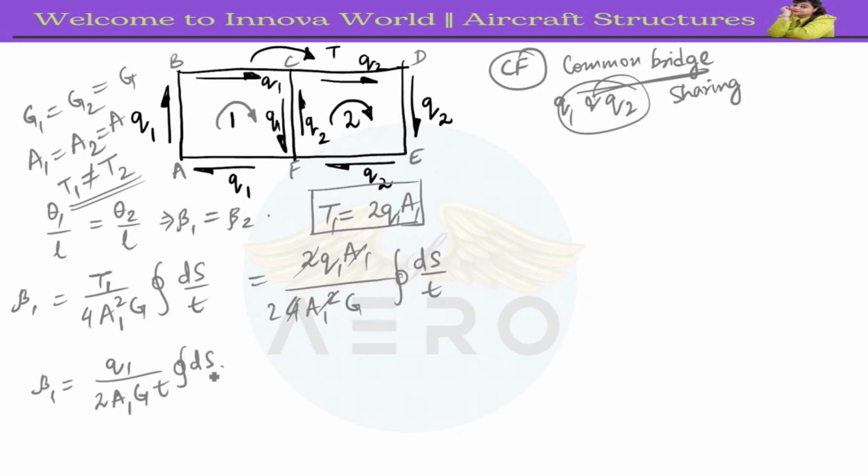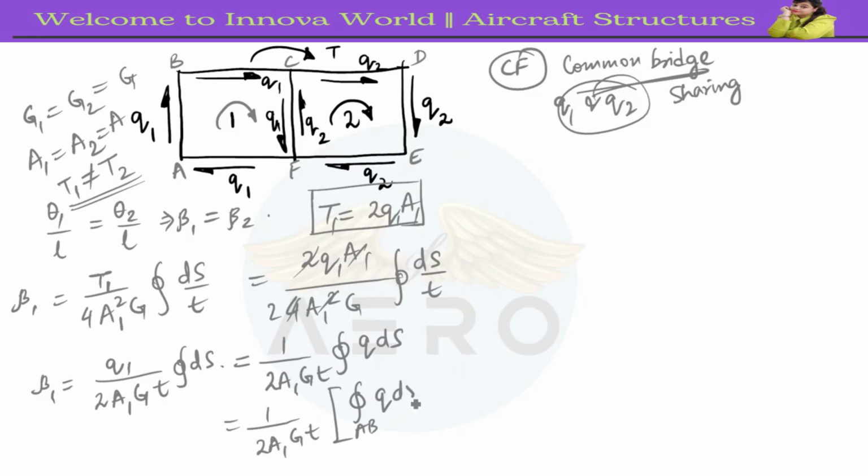Now since we have sections, and each section has a different q, q is a varying one. So I am going to take this q inside: 1 by 2A1 G t, integral of q ds. Now how to find this? Again, the same way we have used, closed integral for AB, q ds.